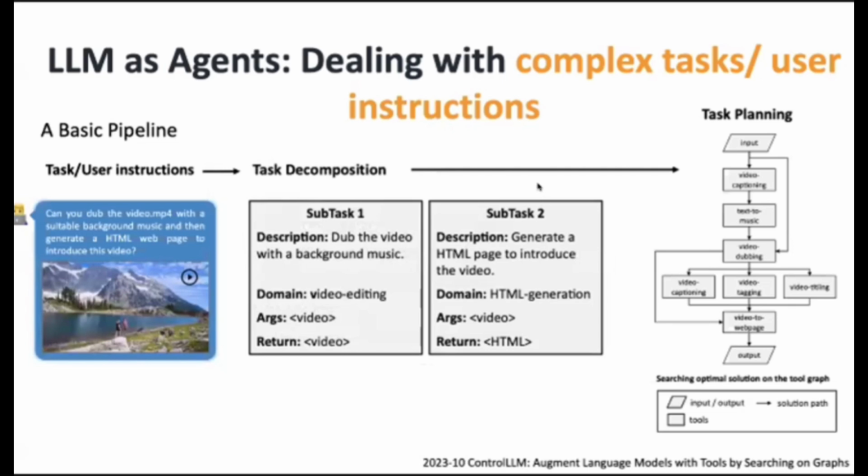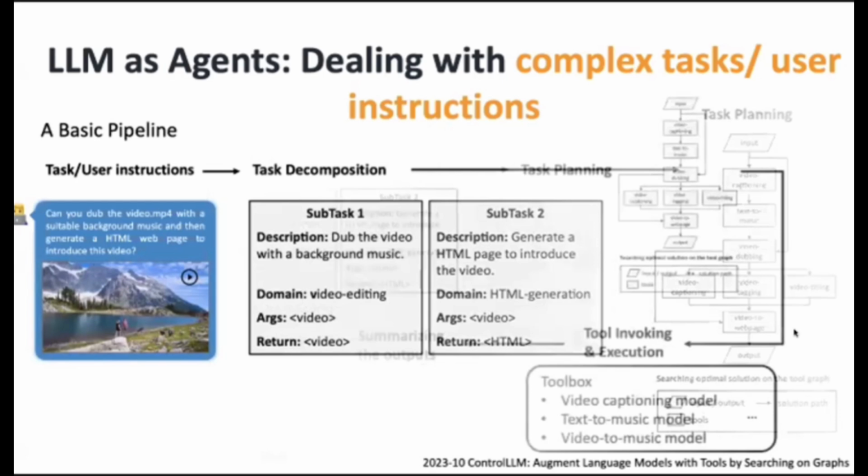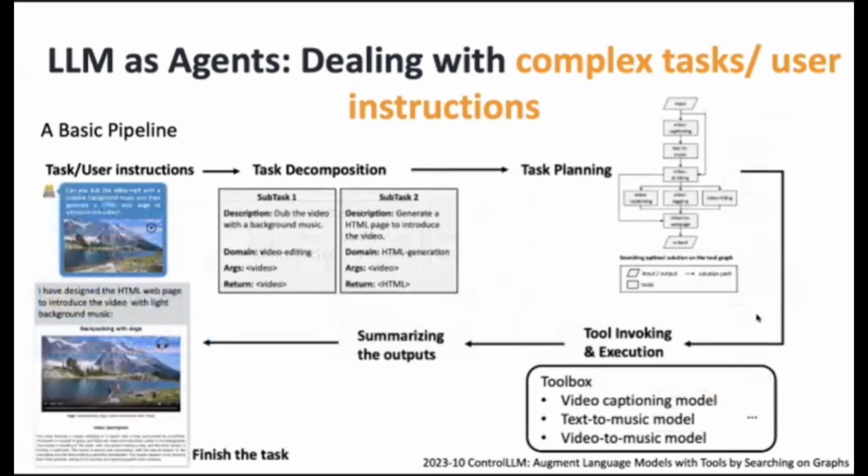So after the task decomposition, the large language models can plan the task into a tree structure, and it can search for finding the optimal task tree to get the workflow of the different tasks. And after the task planning, the large language models can invoke different tools within an existing toolbox.